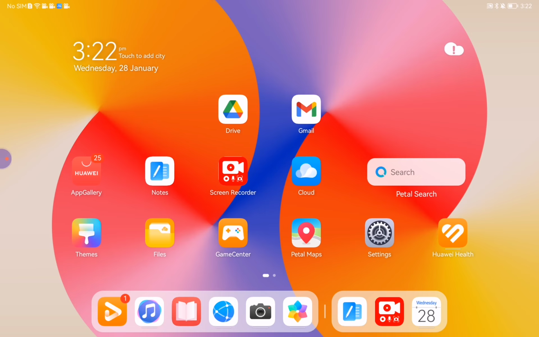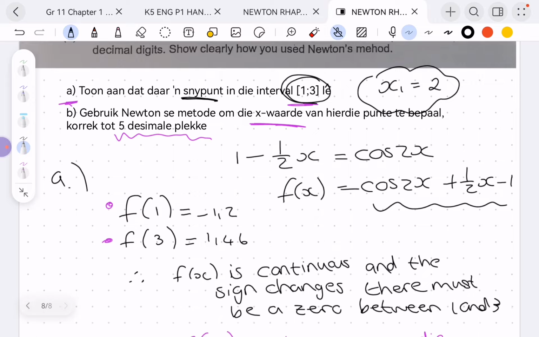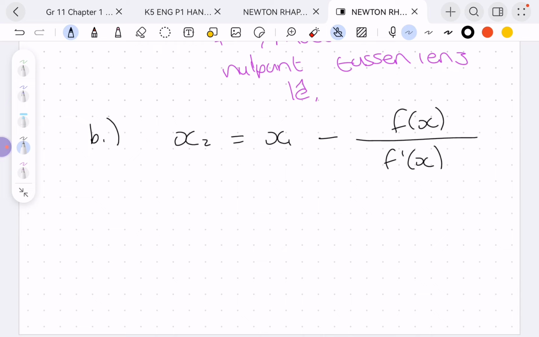So I'm going to choose 2 as my estimation. So now question B, Newton says my second one has to be that first one, minus my function divided by my function's first derivative. The function we got in the previous question, I'm just going to rewrite it.